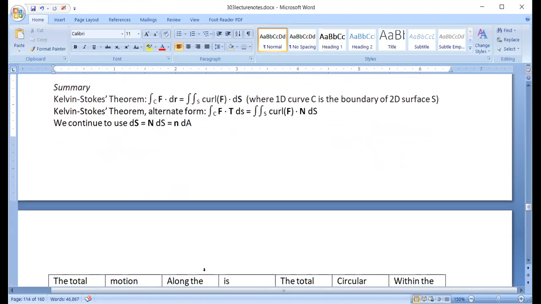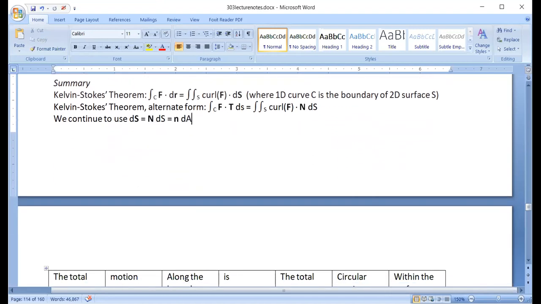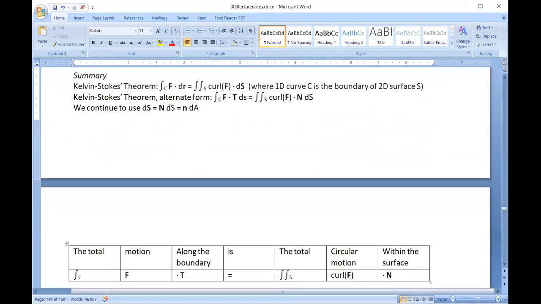And then finally, we have a way to understand what Kelvin-Stokes theorem is saying in words. The total motion due to the vector field along the boundary is the same as the total circular motion within the surface. And that's an overview of the Kelvin-Stokes theorem.